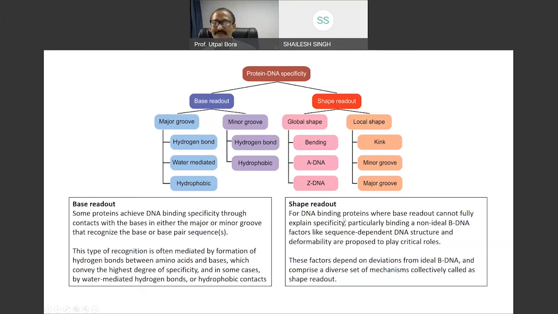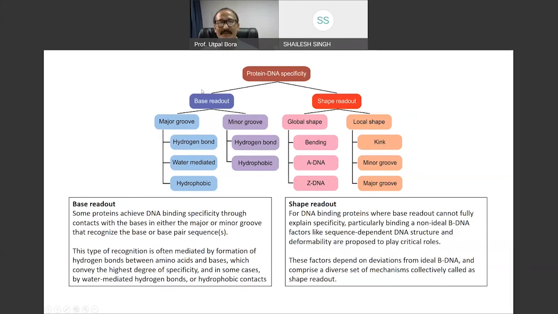So for them, we have to explain the phenomena through shape readout, particularly binding to non-ideal B-DNA. Factors like sequence-dependent DNA structures and deformability are proposed to play critical roles in this case. These factors depend on deviations from the ideal B-DNA and comprise a diverse set of mechanisms collectively called shape readout. So these are the two differences in protein-DNA specificity.